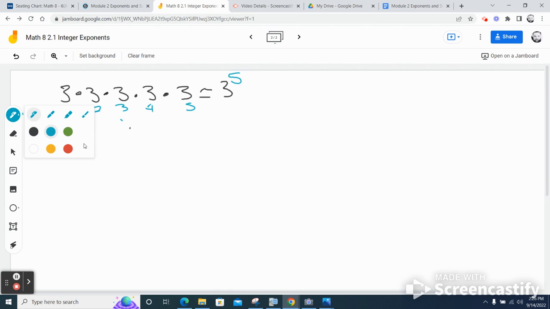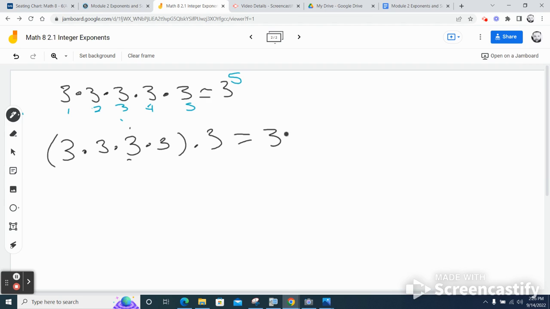So now, what if I take the same thing and I say 3 times 3 times 3, that's 4 times 3. Could I write it like this and say 3 raised to the 4, right? Because in this one I've got 1, 2, 3, 4, and over here I have 1.